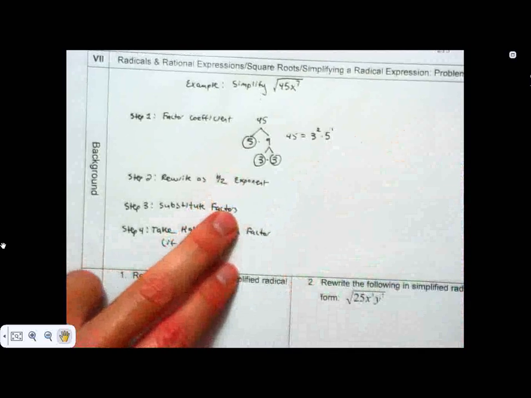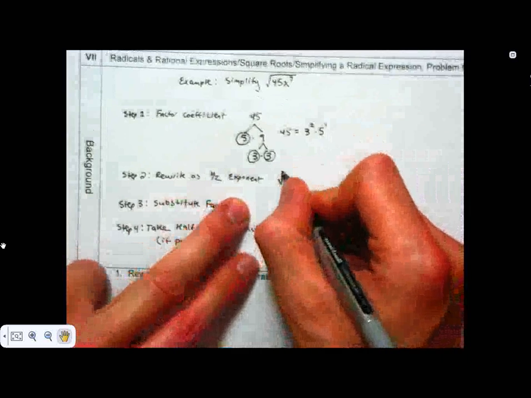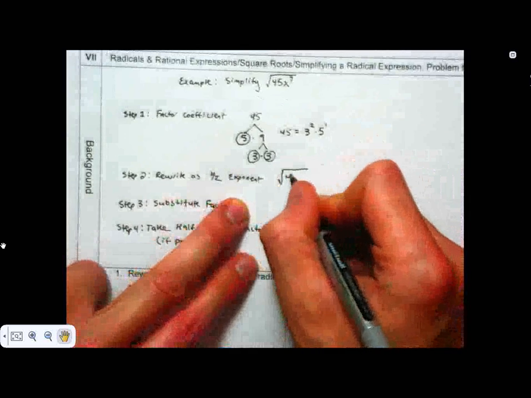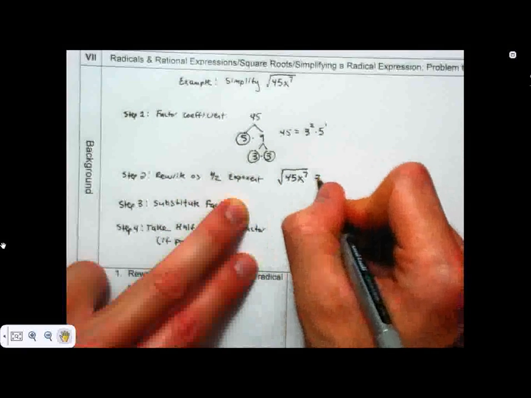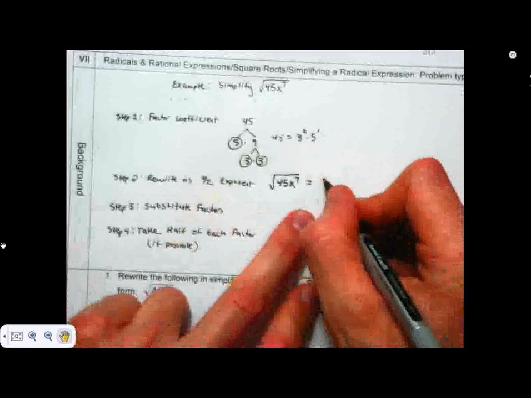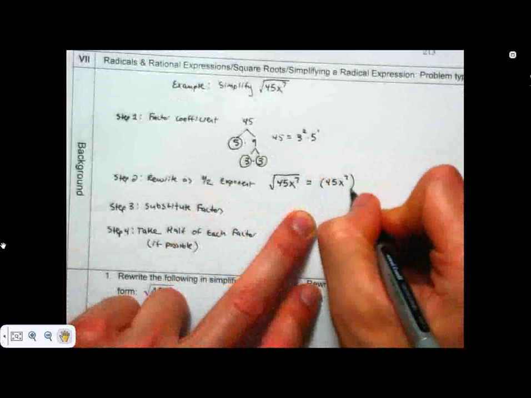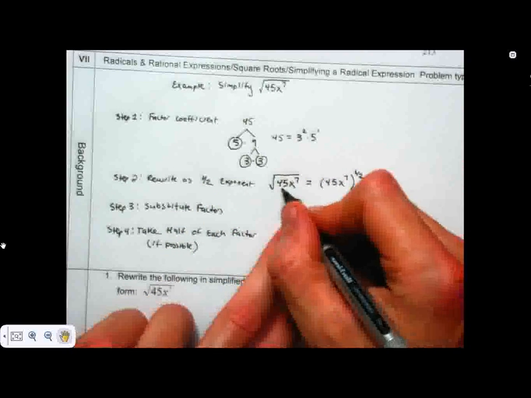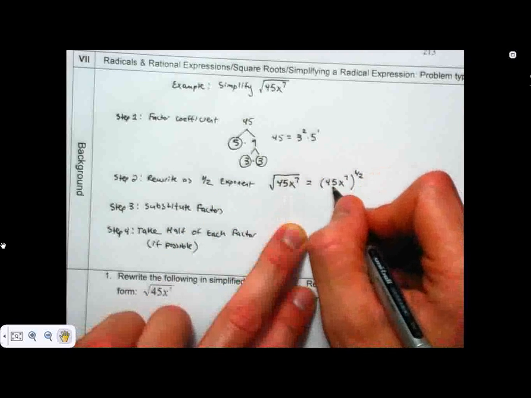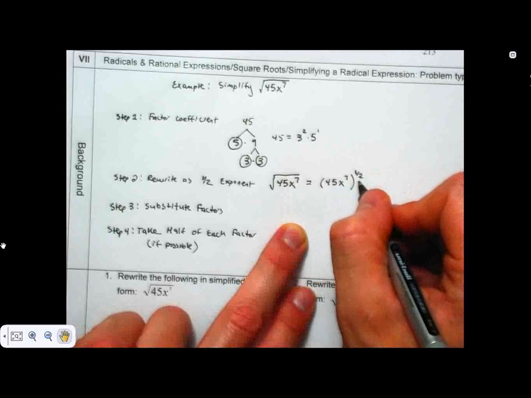Okay, the next step, again, I introduced in the last video, which is whenever I have a square root, it really stands for an exponent, and the exponent that it stands for is the 1/2 power. And so the square root of 45x to the 7th really means that we've got 45x to the 7th all to the 1/2 power.